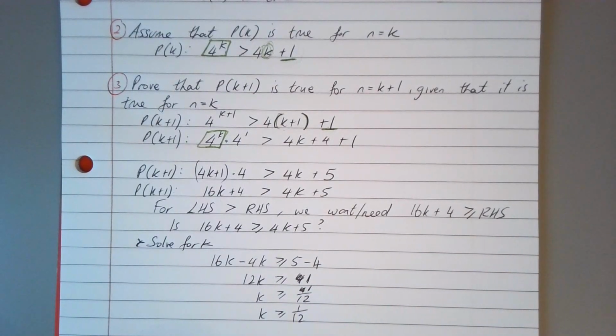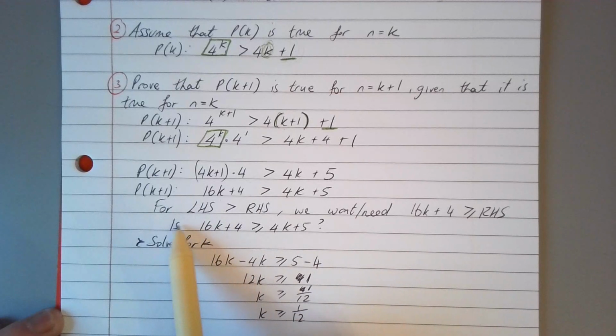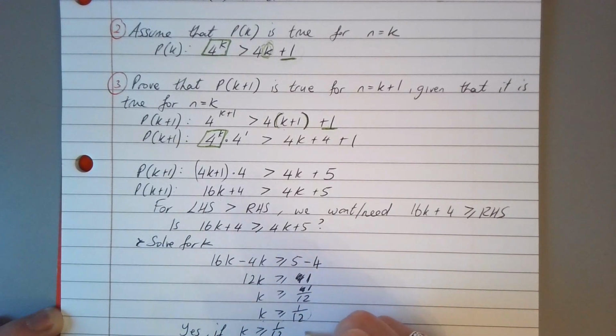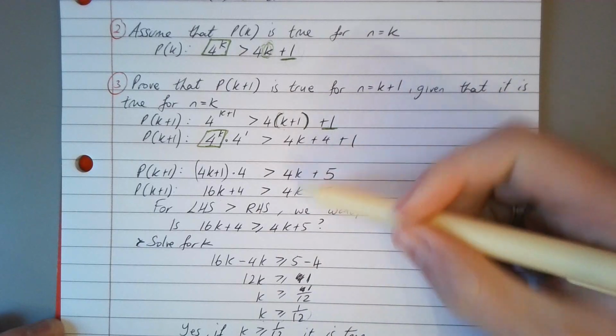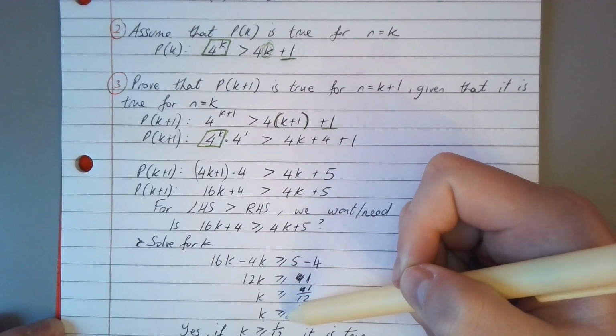So k greater than or equal to 1 over 12. So is 16k plus 4 greater than or equal to 4k plus 5? Yes, if this is true. Okay, so we're saying yes if k is greater than or equal to 1 over 12, it's true. So if k is not equal to or bigger than 1 over 12, then this isn't true. That's why we need our inequality with our equal to sign.